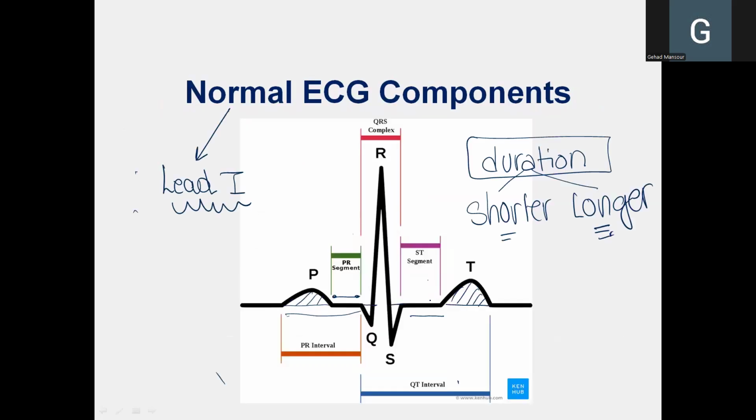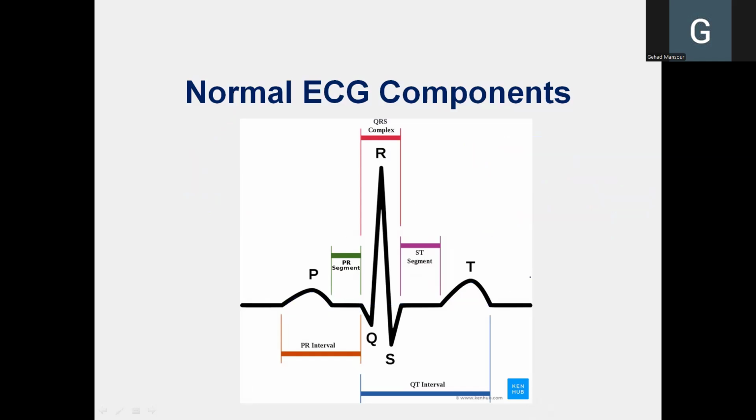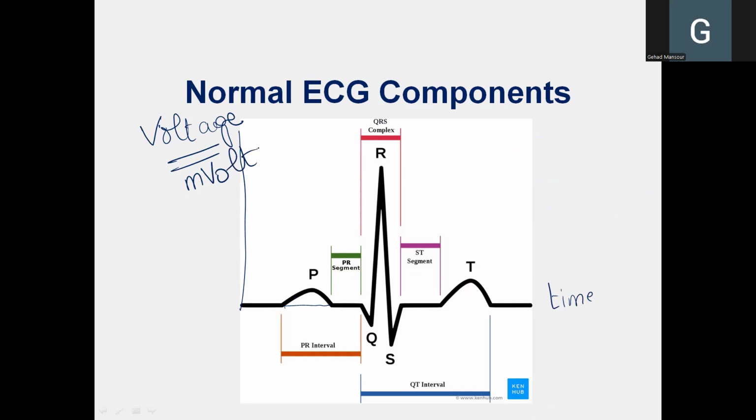I forgot to tell you that in the normal tracing, the horizontal axis represents time, but the vertical axis represents the voltage. I mean the voltage, so this is the voltage on the y axis, of course in millivolts, the potential difference.